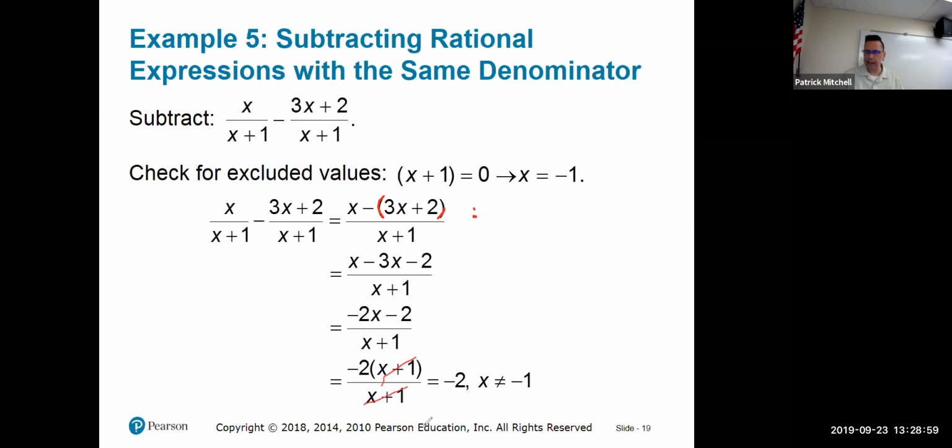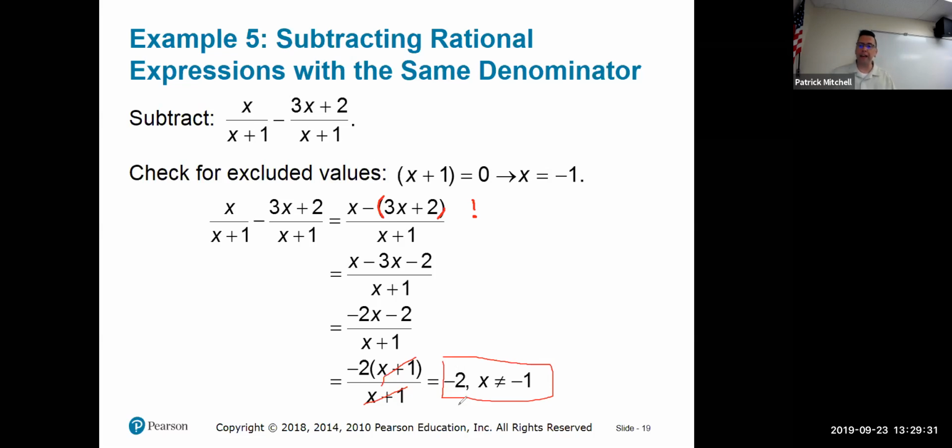Now here is an instance where I think that the excluded value does need to be there. Let me explain this again. The number -1 makes the original expression undefined, right? Because it makes the denominator 0. However, -2 is always -2, even when x is -1. So the number -1 does something different to this expression than it does to this expression.